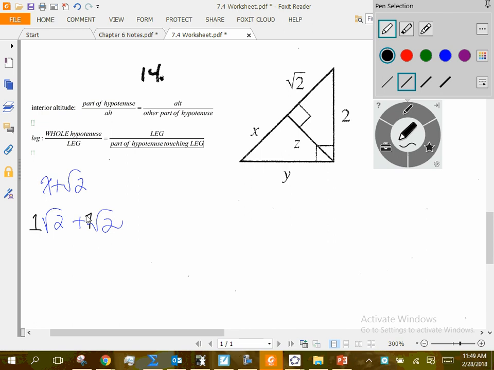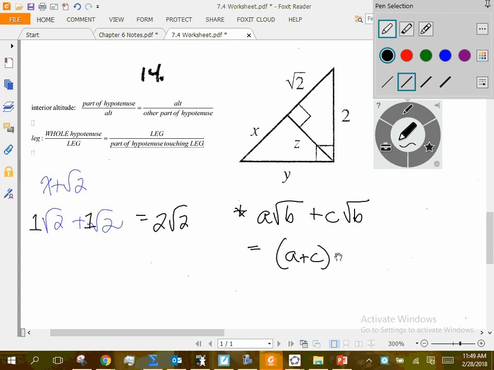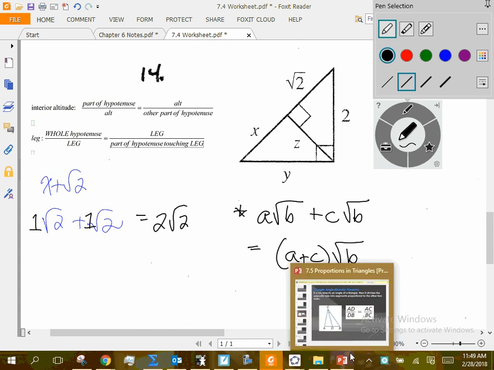Tyler, how do I do it? All right, so here's the idea, guys. This is going to give me 2 radical 2. I'm going to add the 1s together, and I don't do anything with the 2s. Here's your generic rule. If I have A radical B plus C radical B, that gives me A plus C, and I put radical B at the end.